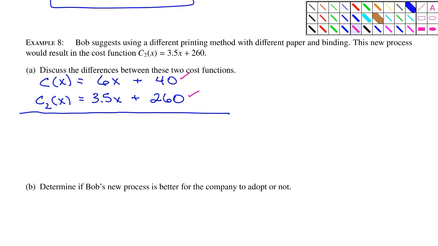So it doesn't matter if I print 1,000 books or if I print 2 books, I still have to pay these initial costs. And so the first thing I notice is that C2 has a larger initial cost, also known as the fixed cost.